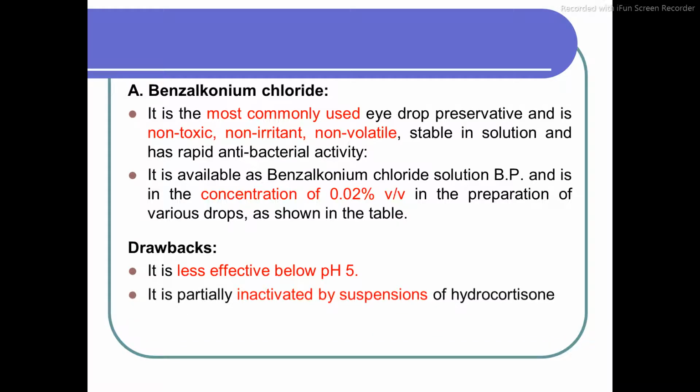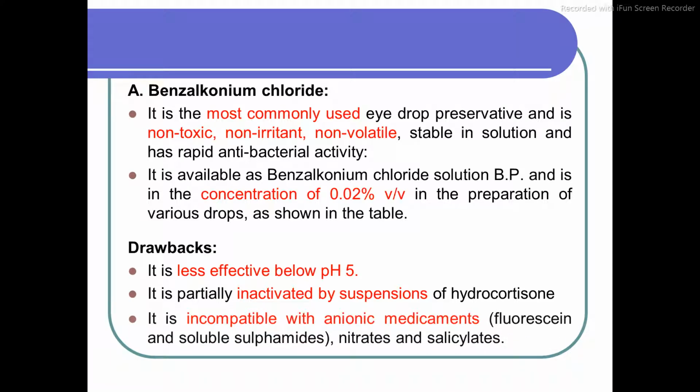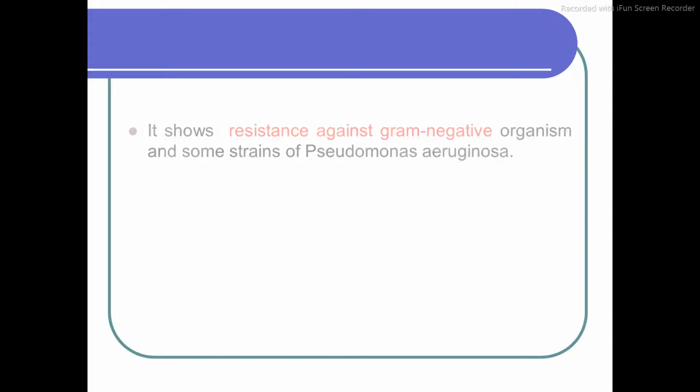Then, it is partially inactivated by a suspension of hydrocortisone, so it is not allowed to mix with hydrocortisone type medicaments. It is also incompatible with anionic medicaments like nitrates and salicylates, so it is not allowed to mix with those either.